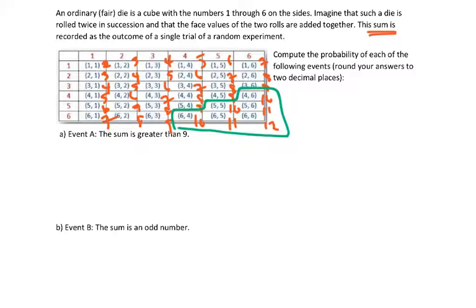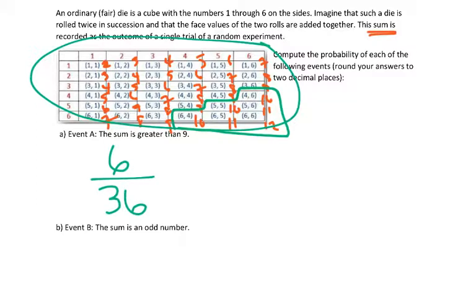So how many different possibilities are there that have a sum greater than 9? Well, there's 1, 2, 3, 4, 5, 6. Out of the total sample space here, if I look at the whole thing, there are 36 possible combinations. So if I divide that, and it says round to 2 decimal places, I get 0.17.